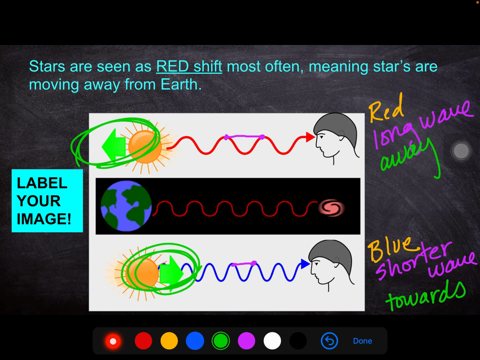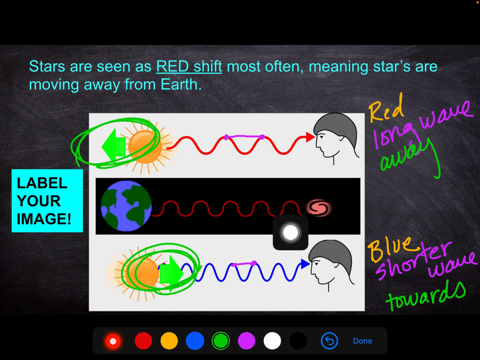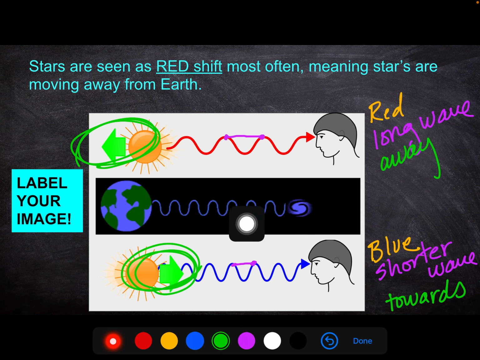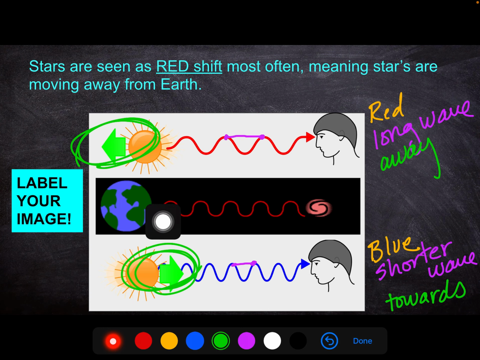So big picture, we want to be able to just understand what's being said. Redshift happens because the star is moving away from Earth, so the spectra have a shift to the red end. And we're seeing that here in this visual as well: the galaxy moving away shows a red, and towards is a blue.